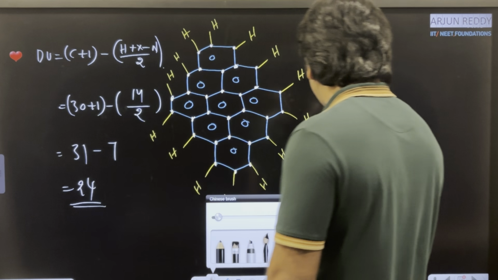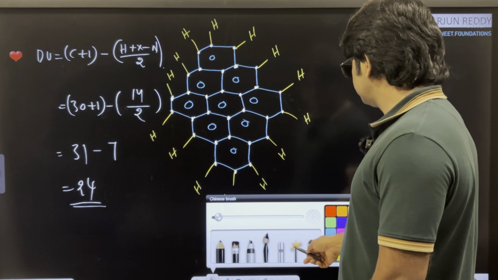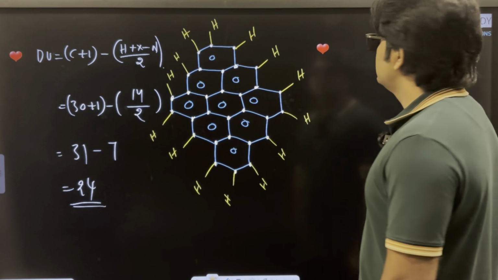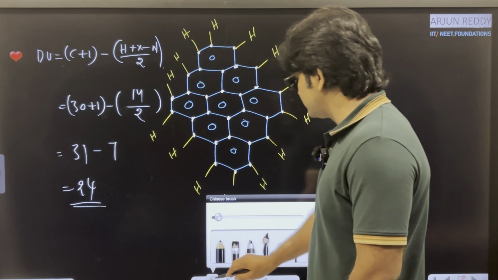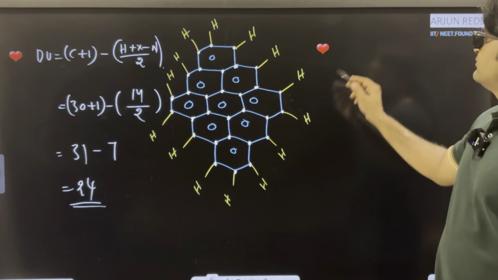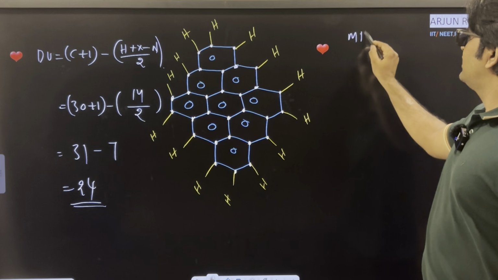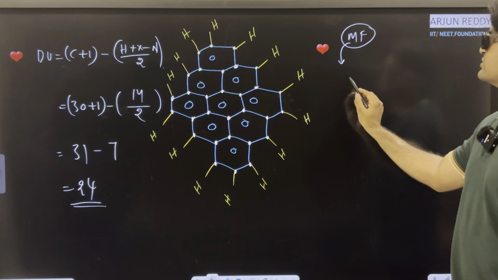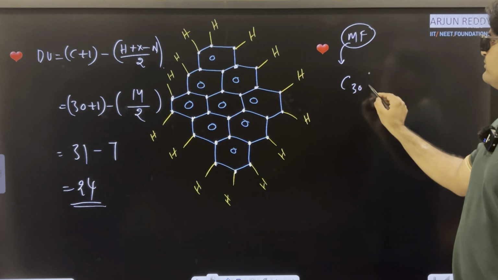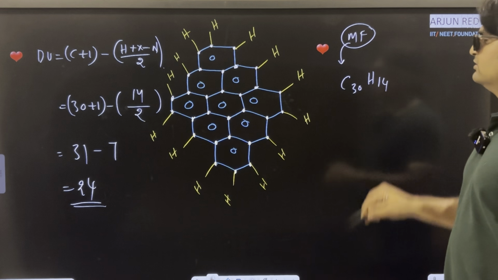For example, if you want to calculate by another method, the second method. What is the second method for calculating degree of unsaturation? According to this one, what is the molecular formula of the given compound? The molecular formula of the given compound is C30H14.